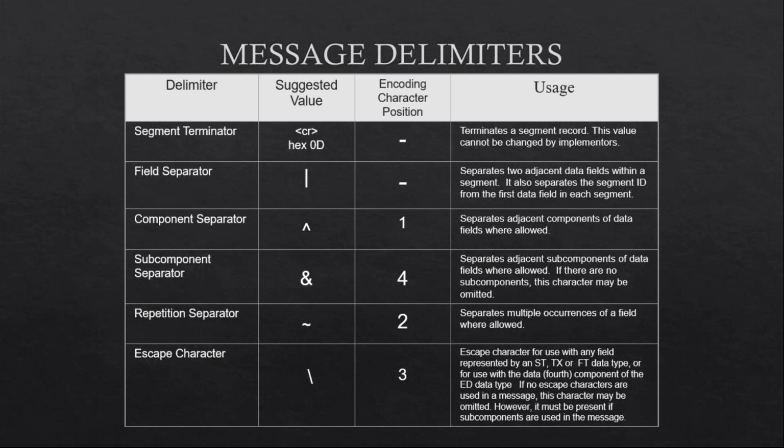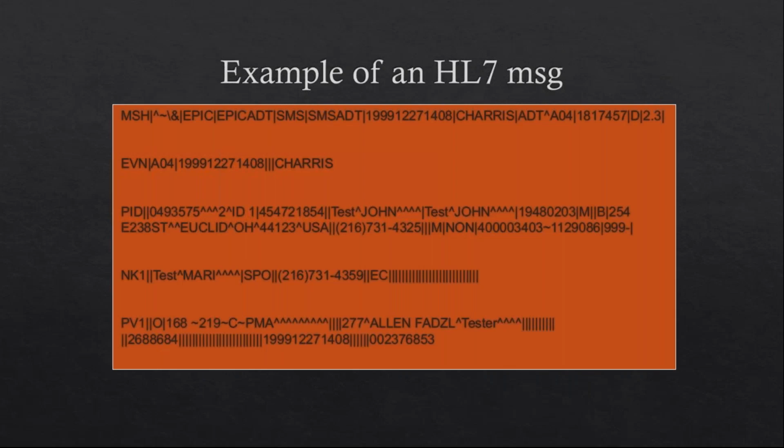Okay, now let's take a very quick look at a sample HL7 message. This is an HL7 message representing patient demographics data. As I said, each HL7 message is divided into segments, and each of these is a segment that we are seeing on the screen. MSH is one segment, EVN is one segment.